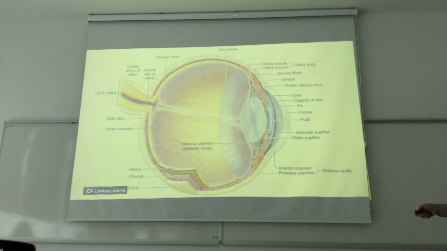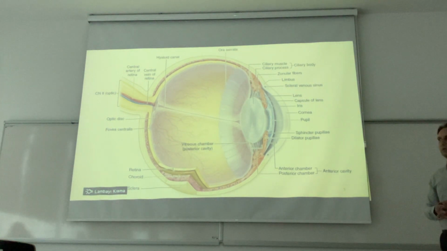We will talk about that. And in the middle of the posterior cavity, we have the vitreous chamber. Here we have the hyalocytes, which have a role in the production of the vitreous chamber structure.